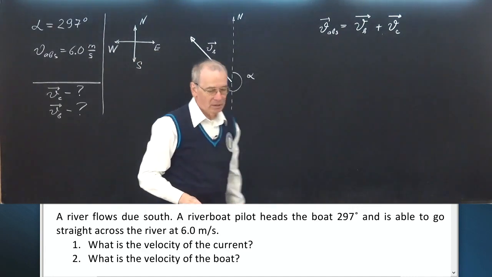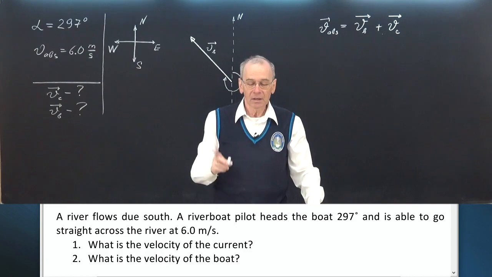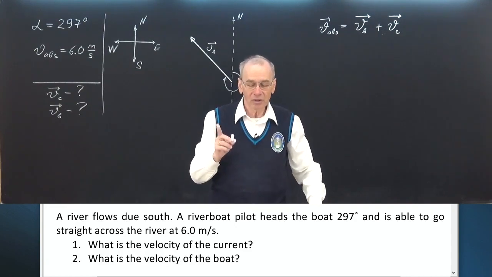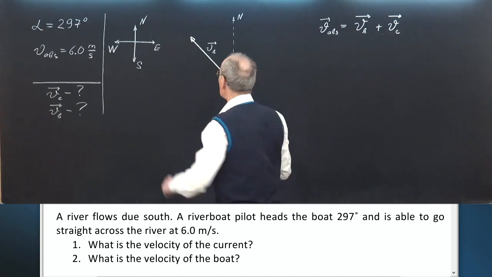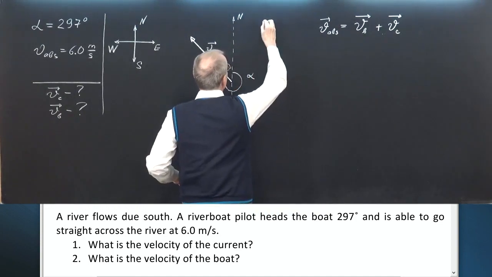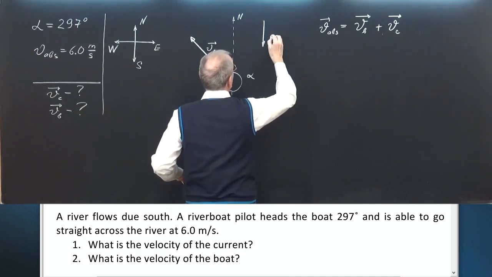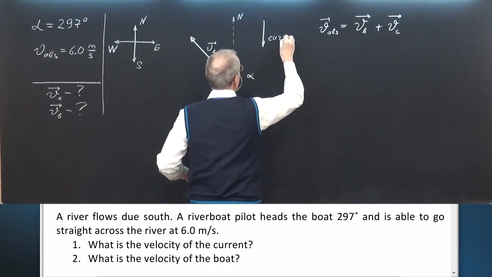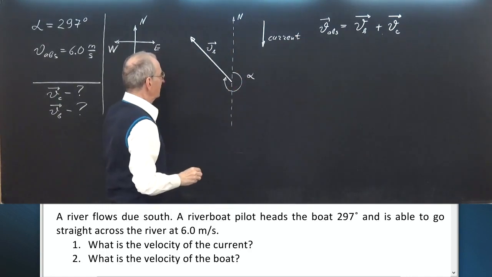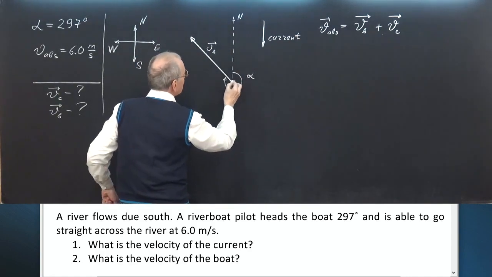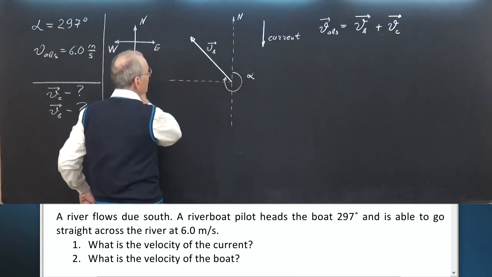We know that a riverboat pilot is able to go straight across the river. Current is directed to the south. Straight across the river means this direction.